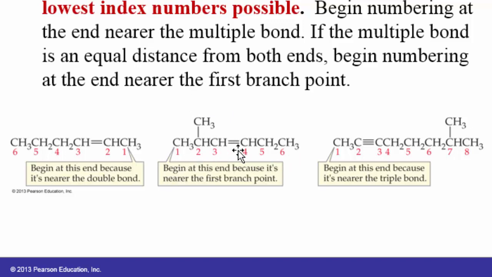So we begin from this side. Now we begin at this end because it is nearer the triple bond. Here, this is 1, 2, this is also 1, 2. But since we begin with the side near the triple bond here.